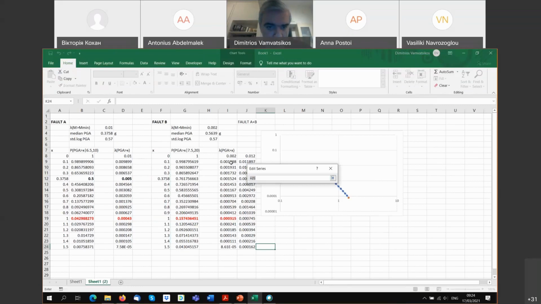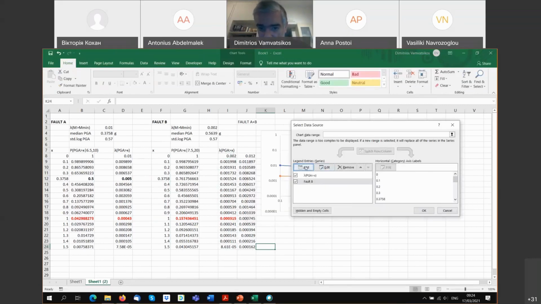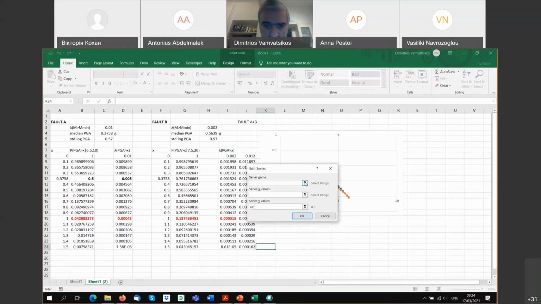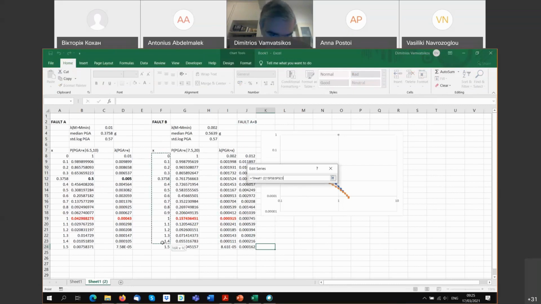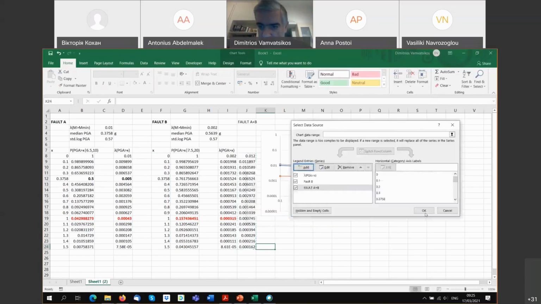Series Y values, it's this one. Okay. So add another one. Series name should be this one. Select values for X is this one. Excellent. Select values for Y. It's just this one. I press OK.